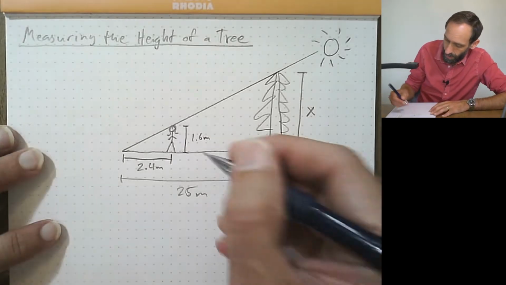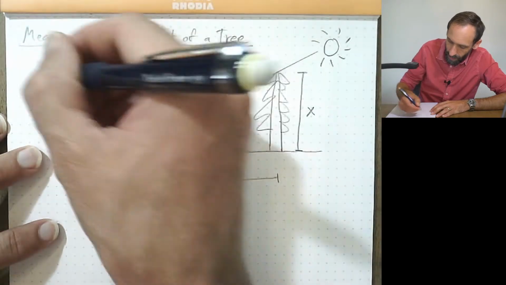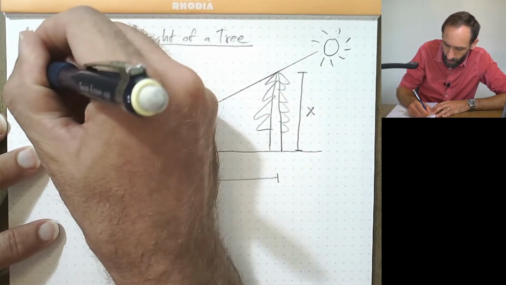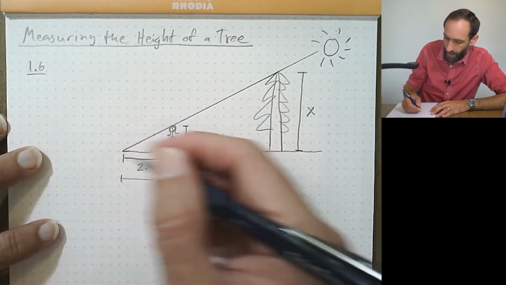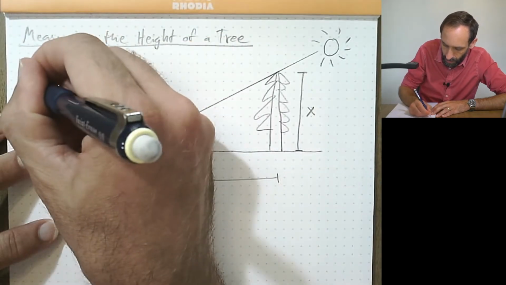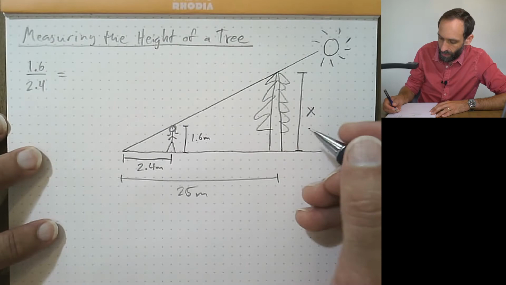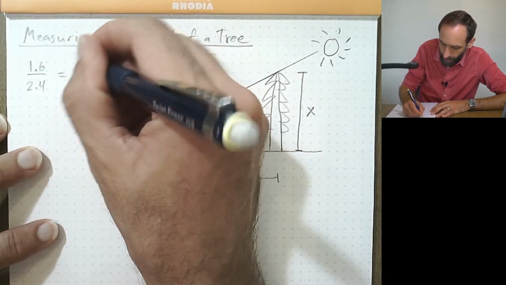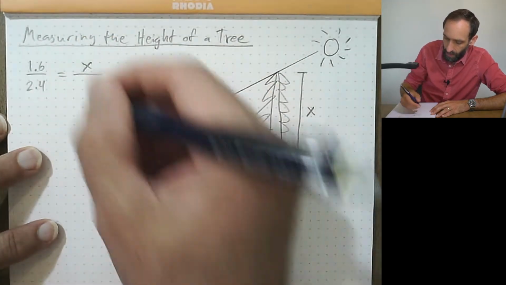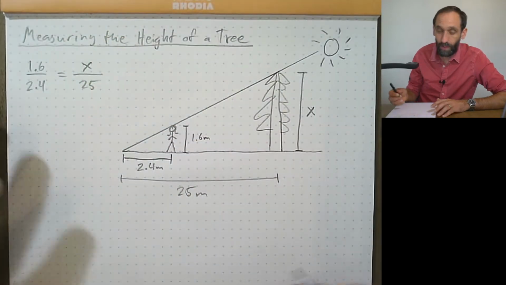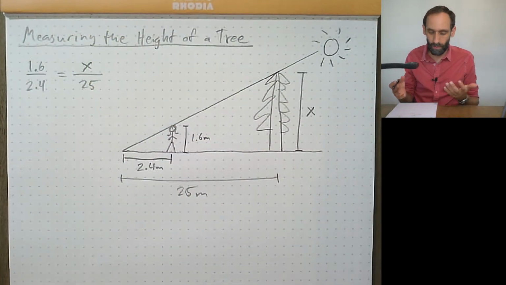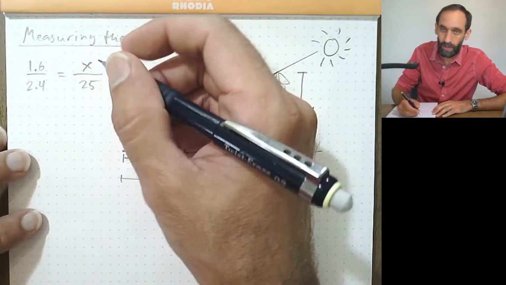Let's take that approach and say that, okay, let's write the ratio of the person, so 1.6 to the length of their shadow, 2.4, and we'll say that that is equal to the height of the tree, x, to the length of the tree shadow, 25. Okay, now we have a nice little algebraic expression, and we can solve for x.